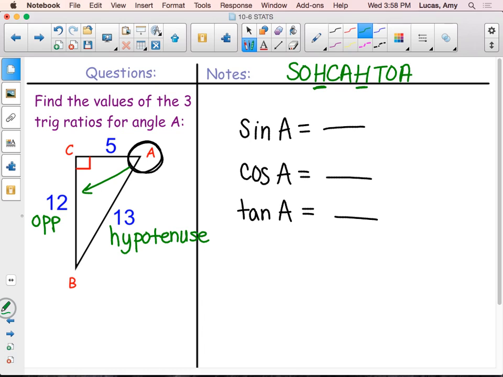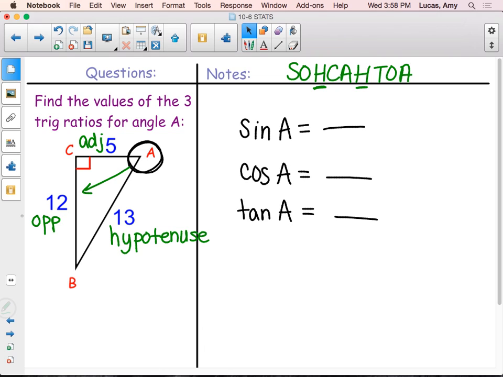Then, that leaves me with adjacent. 5 is the adjacent side because adjacent means next to. The 5 is right next to the A. You could say the 13 is next to the A also, which it is, but the 13 is the hypotenuse. The hypotenuse is the longest side. So you always identify the hypotenuse first and then figure out opposite and adjacent.